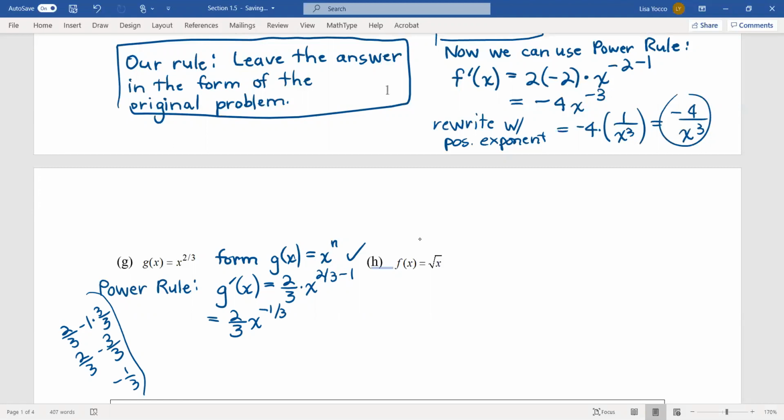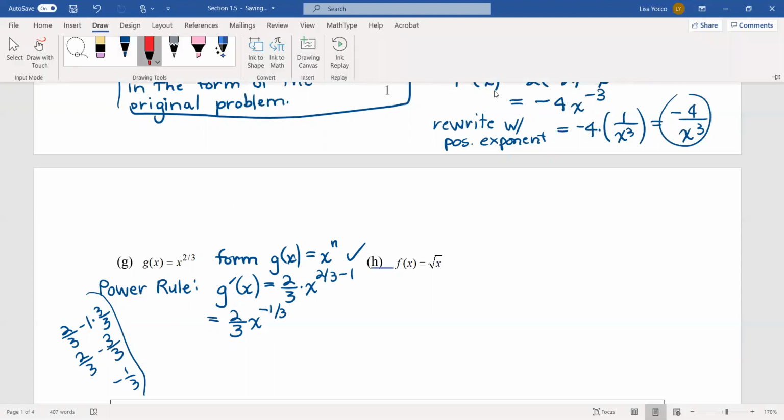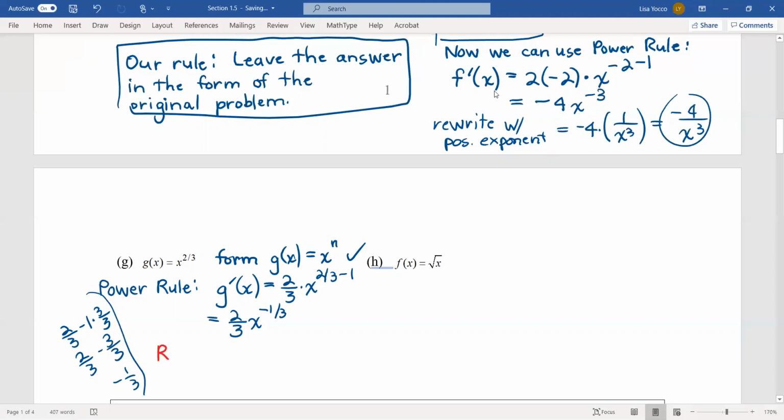And it would be okay, except the original problem doesn't have a negative exponent. So again, I need to rewrite my answer with a positive exponent. Hang on to the 2/3. x to the negative 1/3 means 1 divided by x to the positive 1/3.